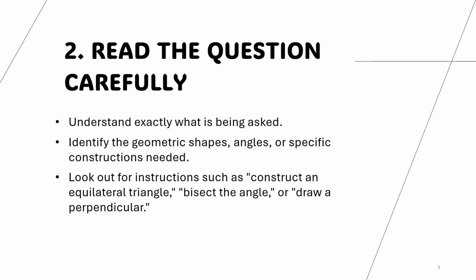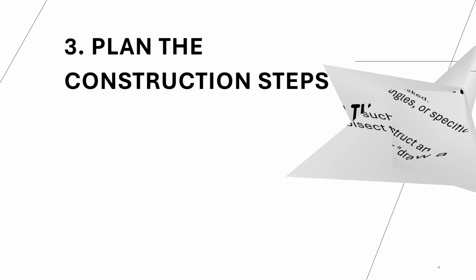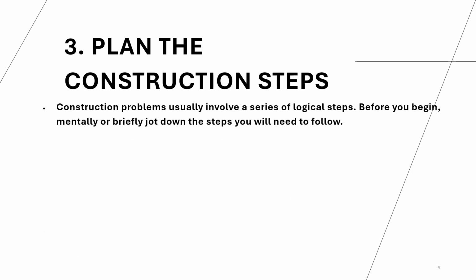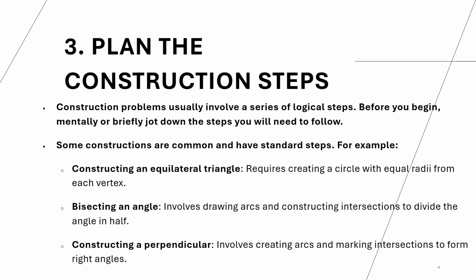Plan the construction steps. First, a construction problem usually involves a series of logical steps. So before you begin, mentally or briefly, jot down the steps you need to follow. Some constructions are common and have standard steps.